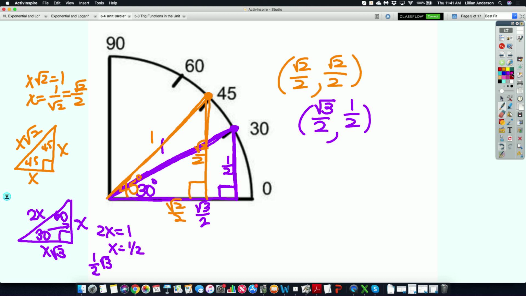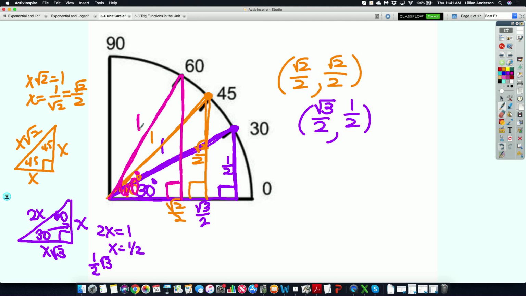60 is going to be the opposite of 30, because at 60 degrees, this still is a 30, 60, 90 degree triangle. Except this time, the 60 is the one that's down at the bottom, and then the 30 is at the top. But yet and still, if my hypotenuse is 1, the side across from my 30 is 1/2.